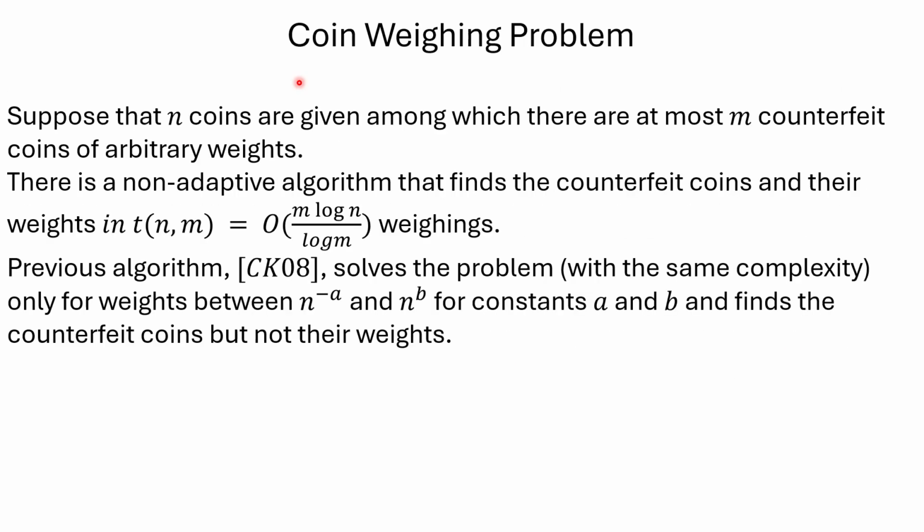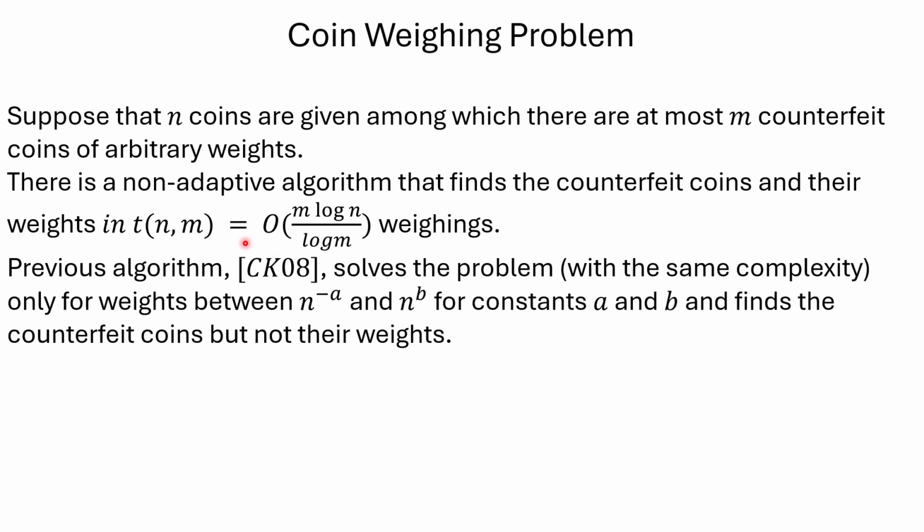We're going to use the matrix that we prove has such T rows to solve some well-known problems. The first problem is the coin weighing problem. Suppose that n coins are fake and each one has some different weight. We prove that there's a non-adaptive algorithm that finds the fake coins and their weights in T weighings.